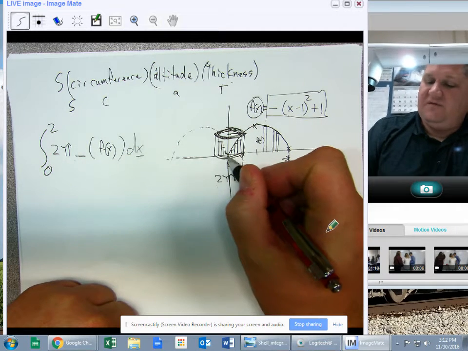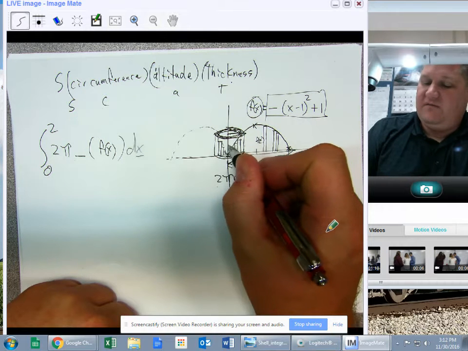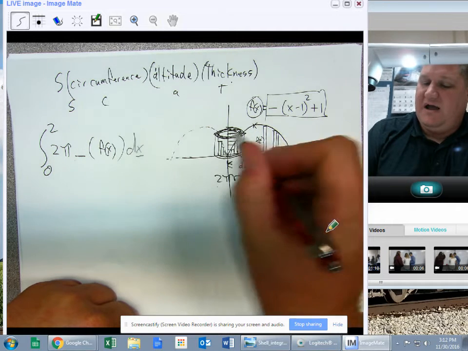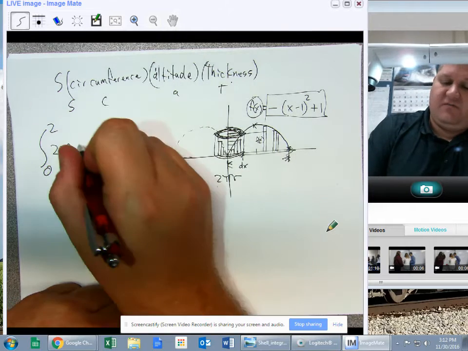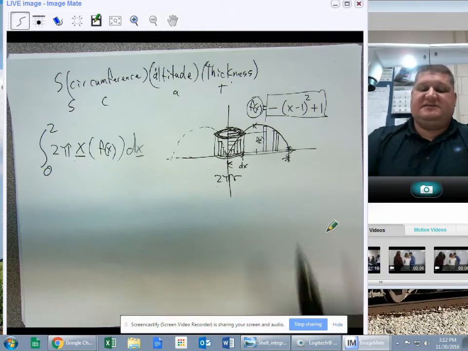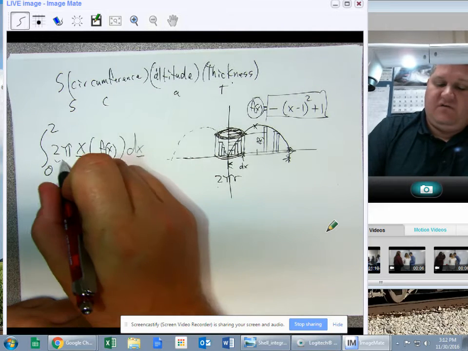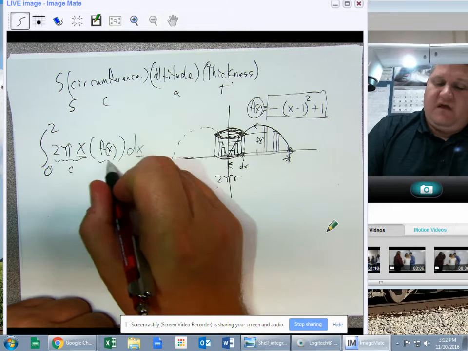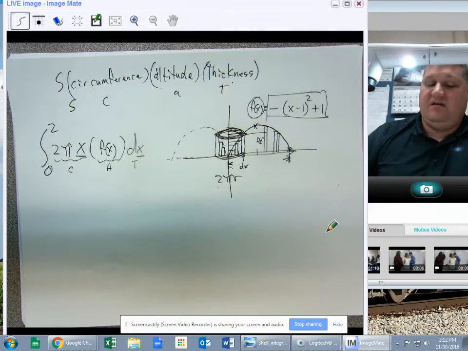Well, the nice thing is if I'm starting here and I'm working my way this way, the radius is going to be determined by the x. The x value determines it. So in this case, we have the integration from 0 to 2 of 2 pi x, that's your circumference, f of x, that's your altitude, and dx, that's your thickness.